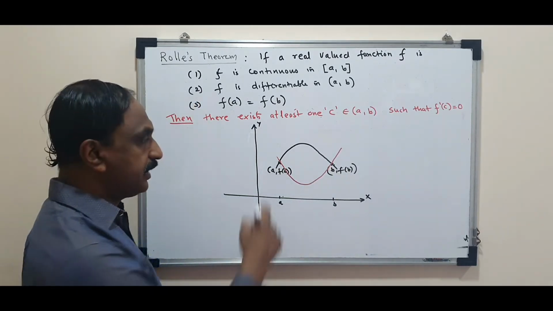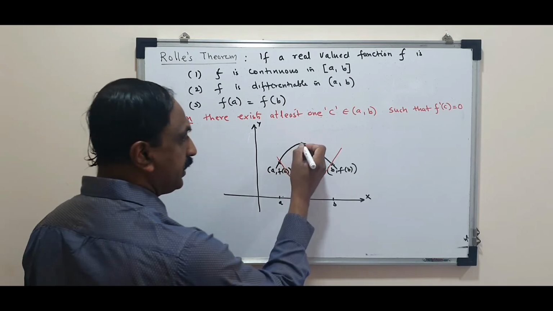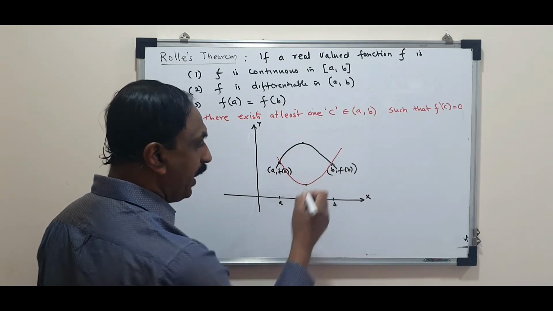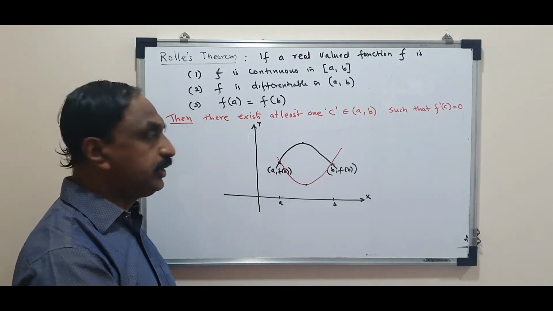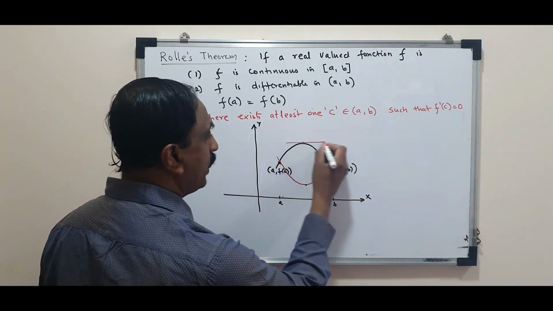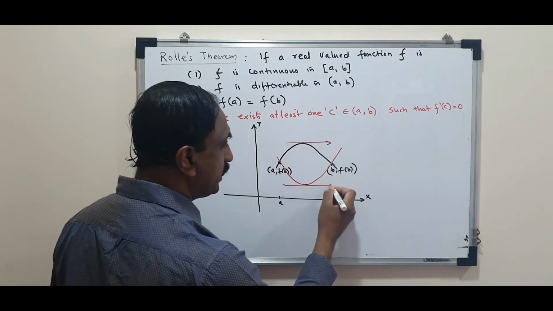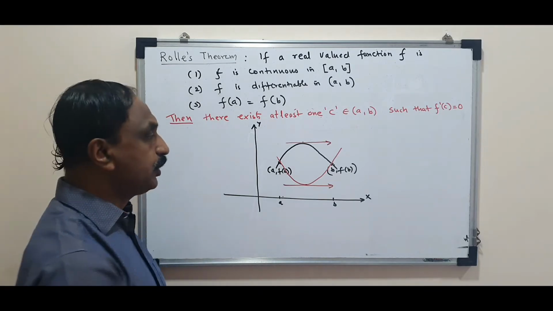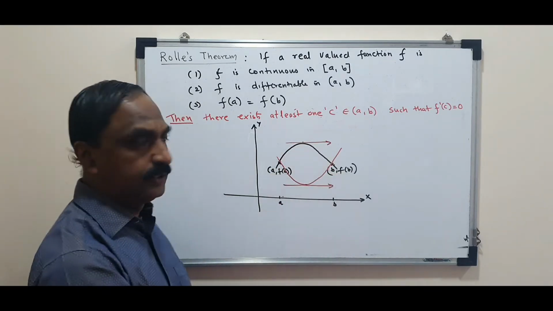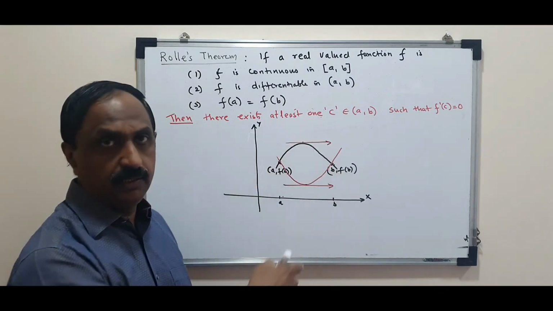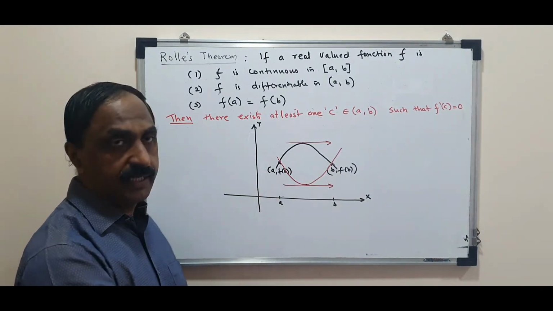But you will notice that however I draw this graph, there will be one point where the slope of the tangent would be 0. So here I can draw one tangent here and one tangent here where the slope of the tangent will be 0, because if you go up, you have to come down. Wherever the point you are going to turn, at that point, the slope of the tangent will be 0.